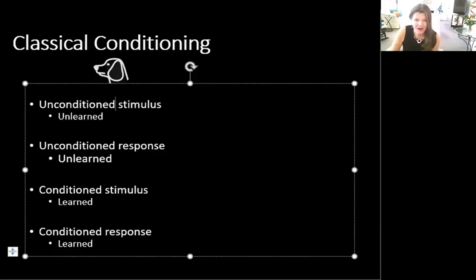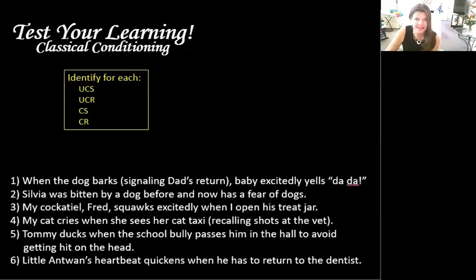Okay, so we're going to practice your ability to pull all of these terms out of each example. You're not identifying one of these for each example. You're identifying all four for each of these 6 examples of classical learning.